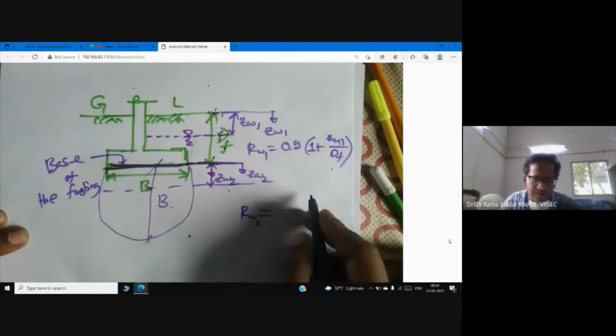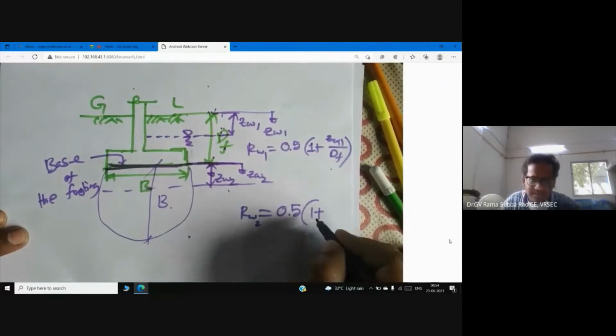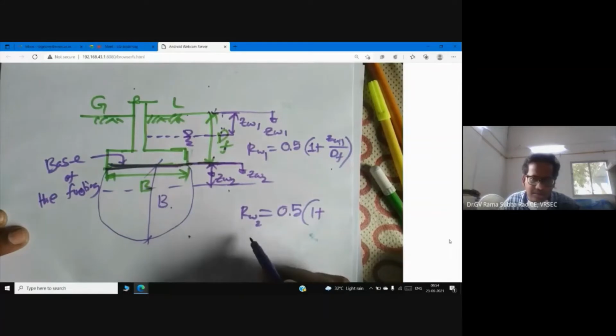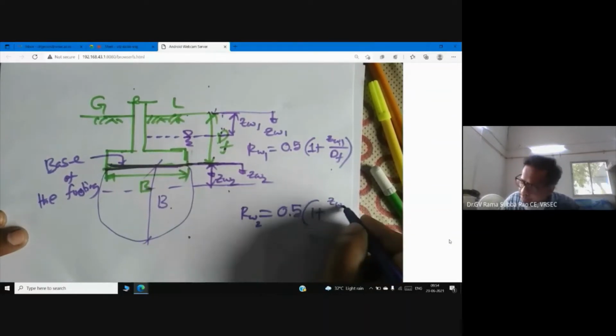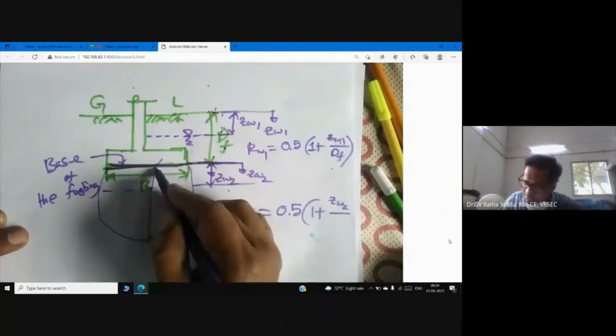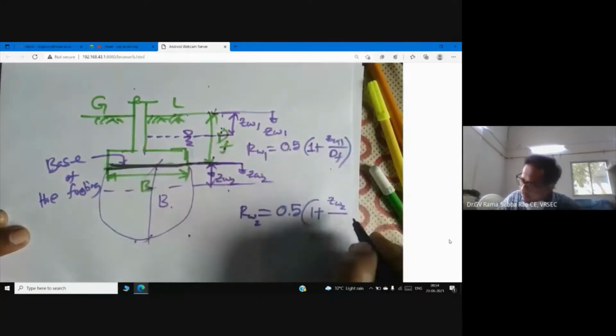Now can anyone tell me ZW2? RW2, the water table reduction factor, is 0.5 (1 + ZW2 by the influence of width).